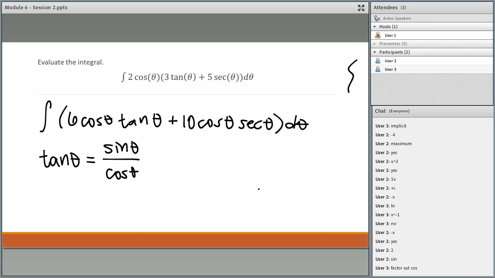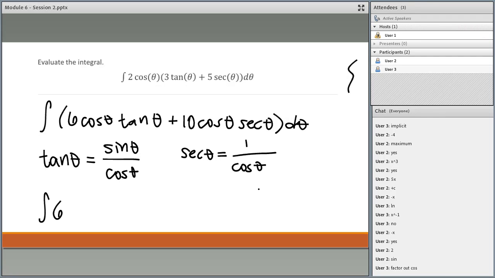So tangent theta is the same thing as sine theta over cosine theta. What about secant theta? Is there another way that I can rewrite secant theta? So secant theta is 1 over cosine theta. So these are some identities.